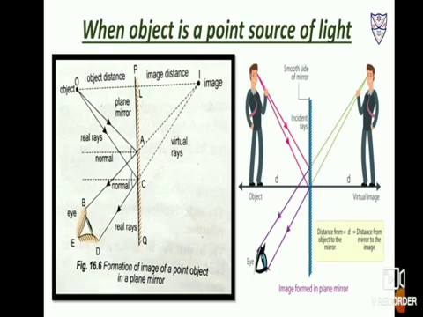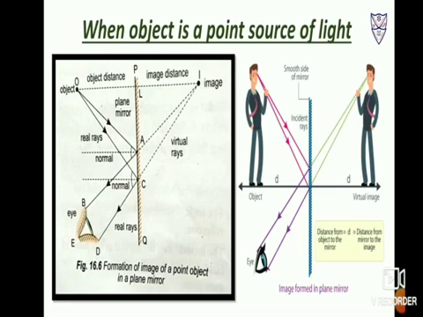Now what are we going to draw? We are going to draw a normal to the surface of the mirror PQ, and after that we draw the reflected rays at points A and C. So AB and CD are reflected rays.